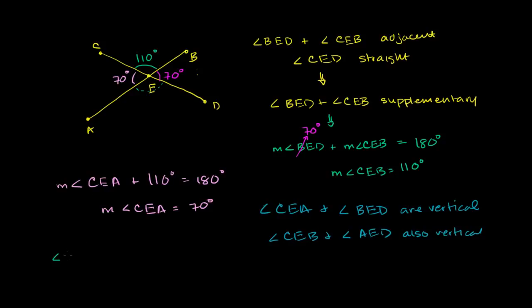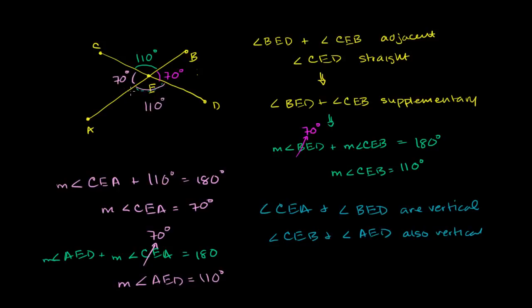Or we could say the measure of angle AED plus the measure of angle CEA must be equal to 180 degrees. We know the measure of CEA is 70 degrees. So you subtract 70 from both sides. You get the measure of angle AED is equal to 110 degrees. So we got the exact result that we expected. So this angle right over here is 110 degrees.